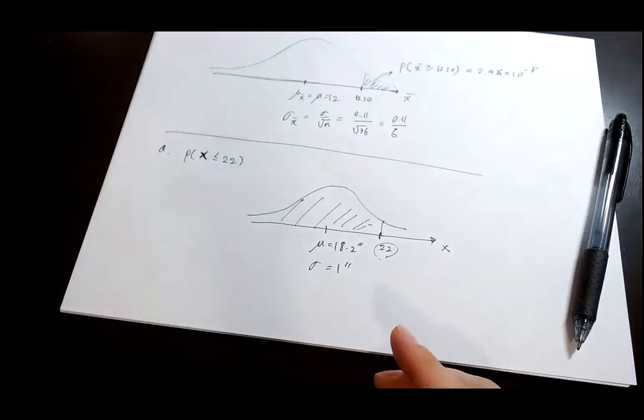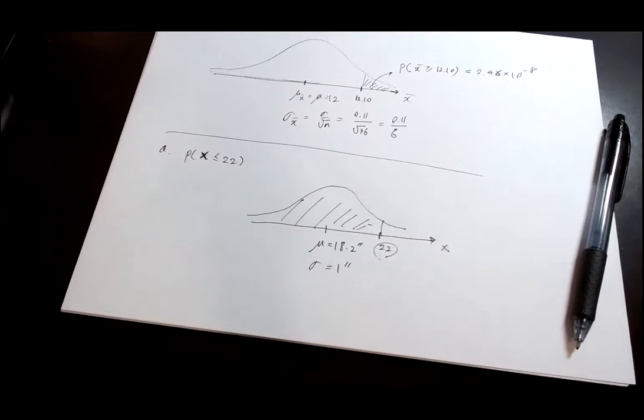Now, next one. Question B is this: if 36 men are randomly selected, what is the probability that their mean shoulder breadth is less than 18.5 inches? Could the city save money and make manholes 18.5 inches in diameter?